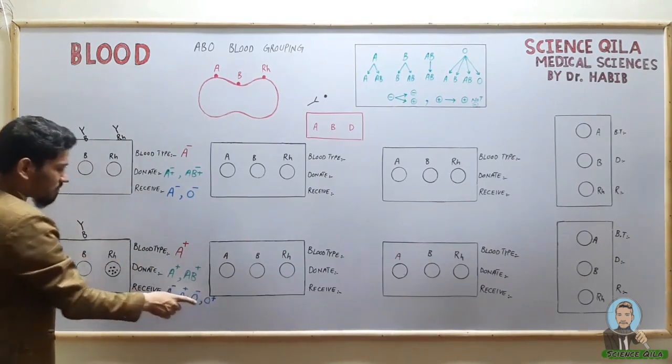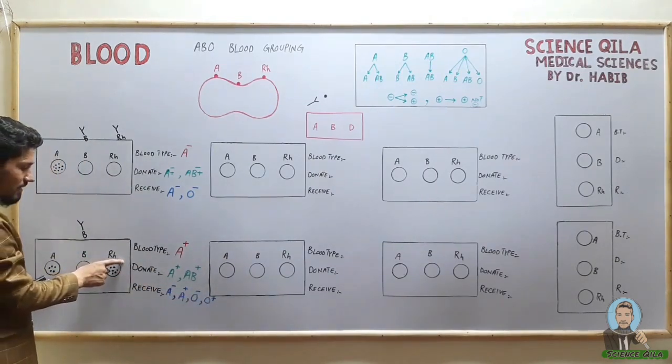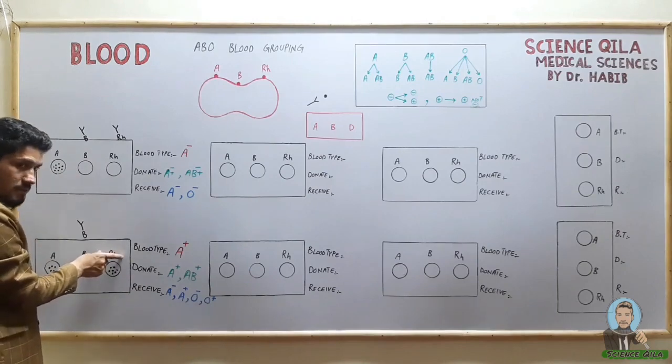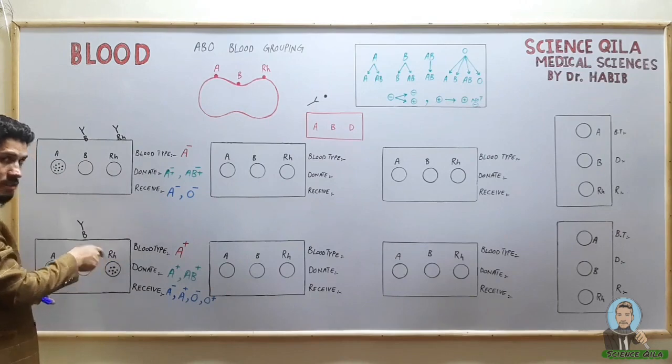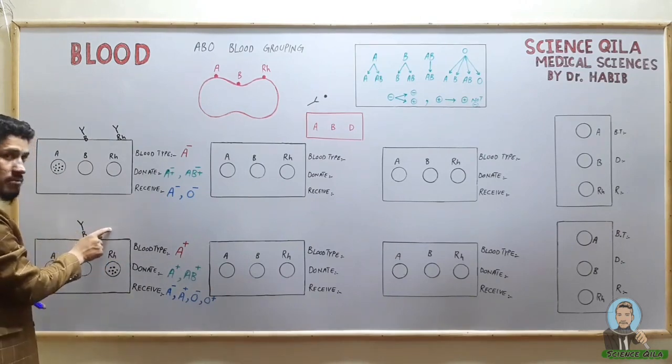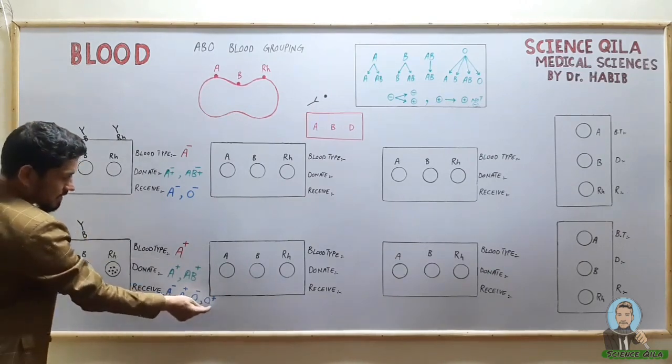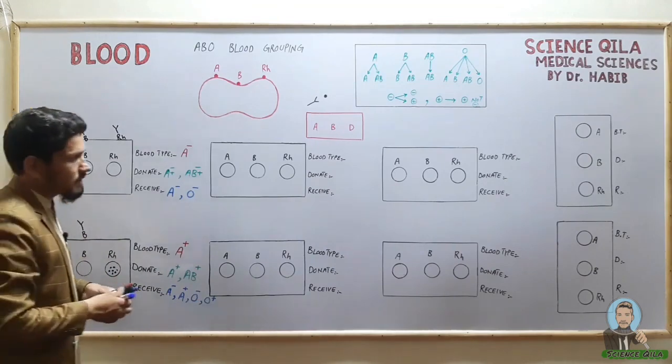Why O positive? Because in this case RH factor is present. It is a self antigen, so it will not make antibodies against it in the serum. There will be no antibodies against RH factor. That's why it can receive blood from O positive as well.